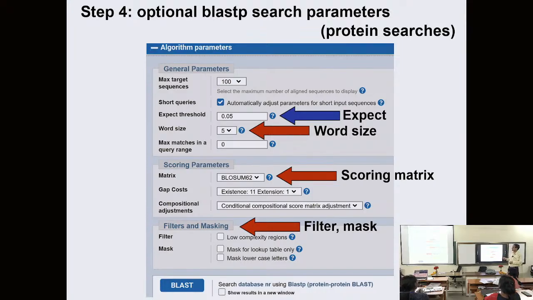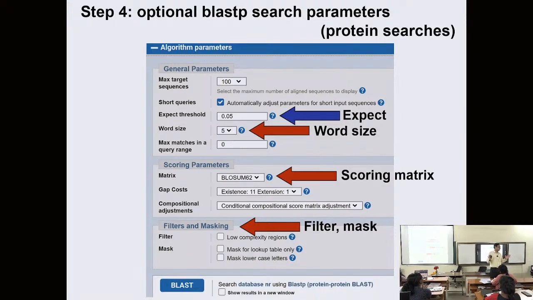And then gap costs, now you understand. Gap existence or gap creation -11 and gap extension -1, right? We discussed about this. There are other options also you can select. And of course, sometimes these are established based on just large scale comparisons. They may not be mathematically established values.